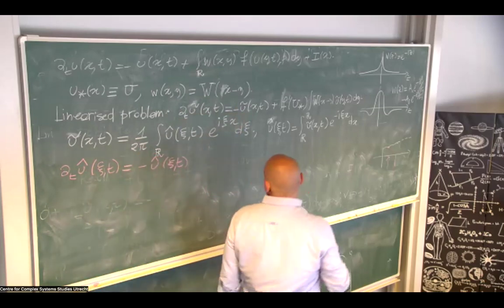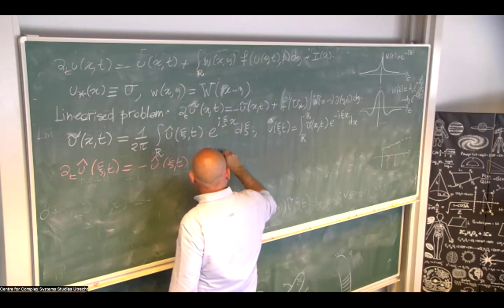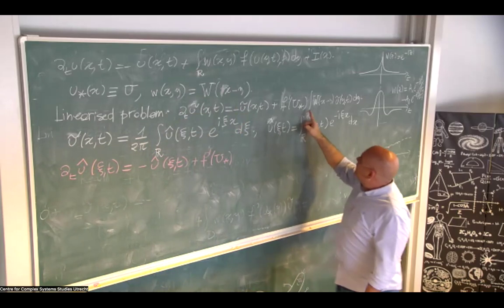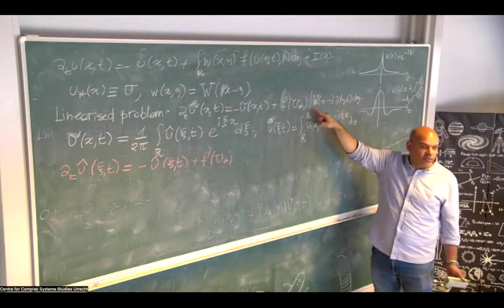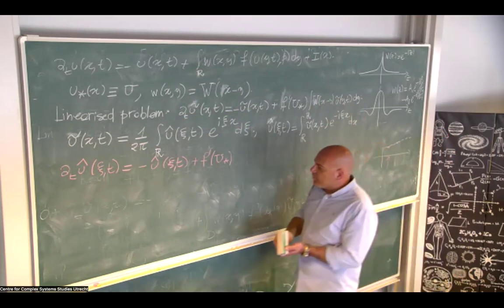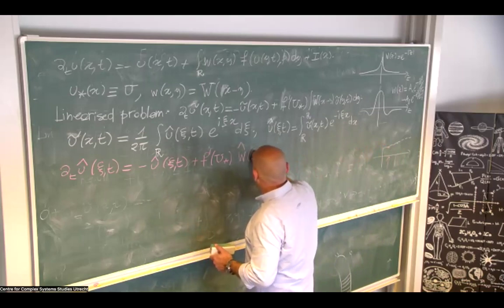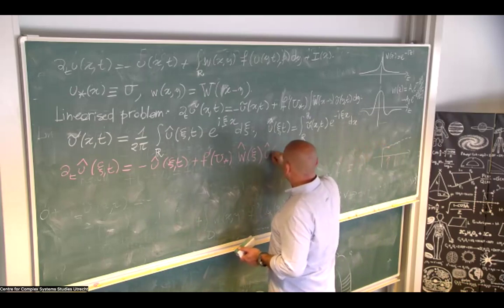And then there is a number, f prime at u star. And then you take advantage of the fact that this is a convolution. And Fourier transforms of convolutions in Fourier space are products. So in Fourier space, this looks like w hat of psi times u hat of psi.